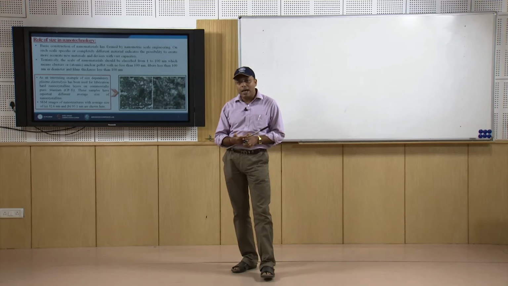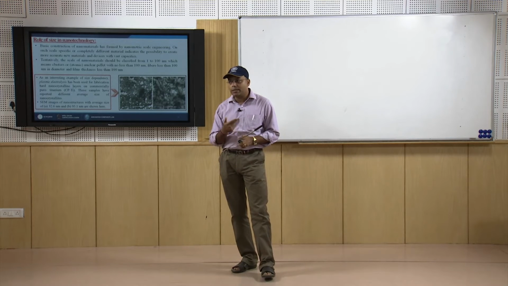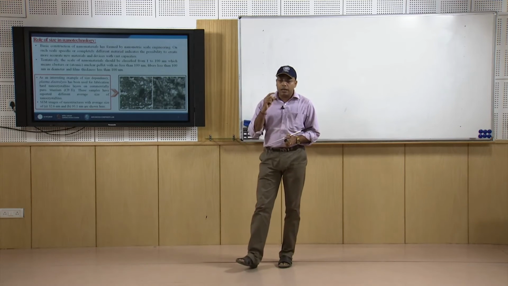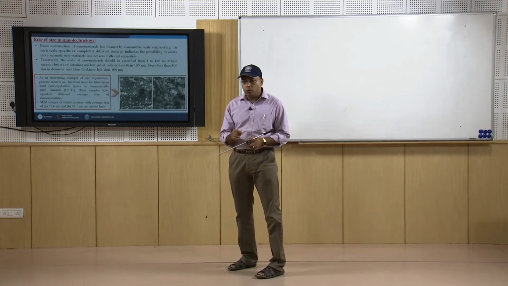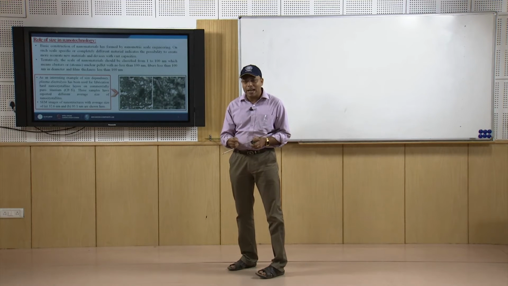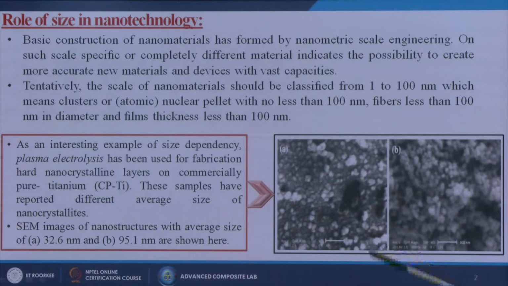The first is the crystallite size of the nanoparticles, and the second is the coating thickness of that material on the substrate itself. Based on these two dimensions, the nanocomposite shows different kinds of properties.